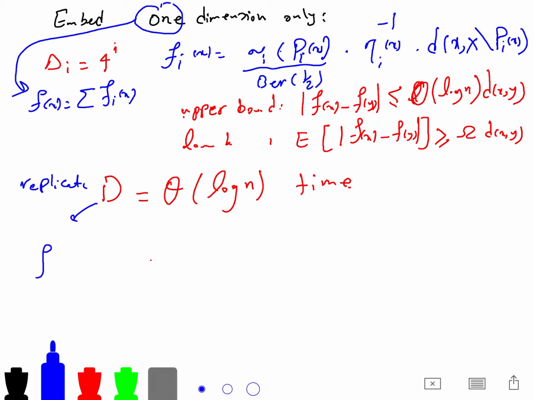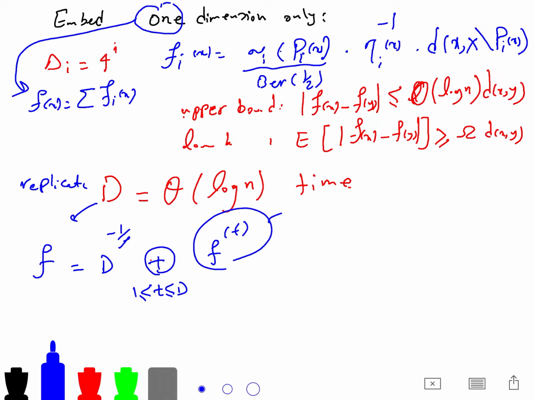And so by replicating, I mean f is defined like this in the 2006 paper, if you look at that. So we have d of these constructions. So it's a vector where each of them is a construction that I will show you. And so f_t of x is one of these psi_i of t of x.